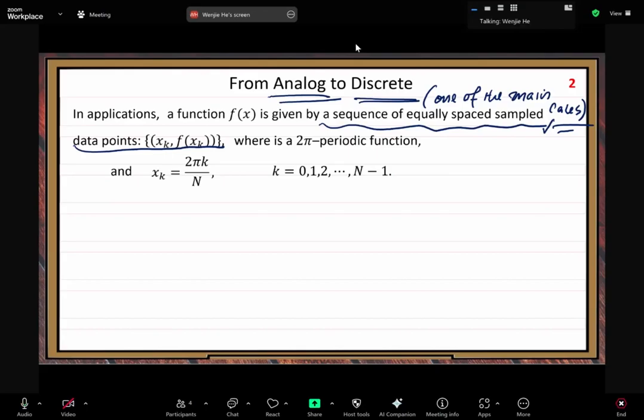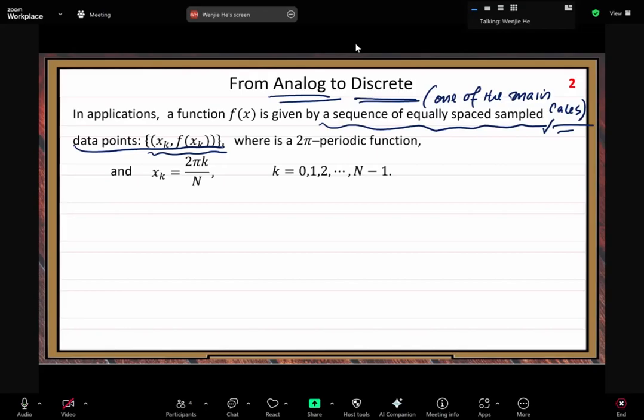Then, how to represent our data points: X, Y coordinates. Each data point has an X coordinate and a Y coordinate, the function value. You get a sequence of those values.